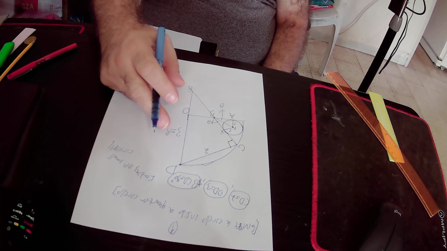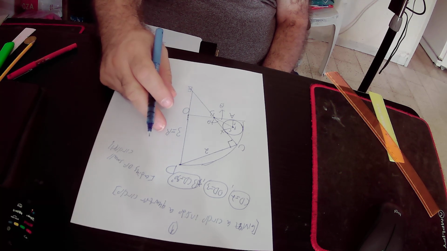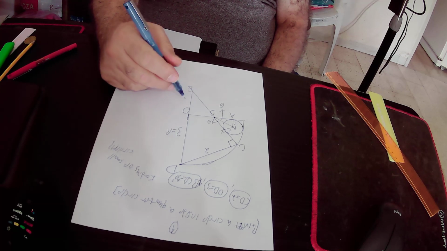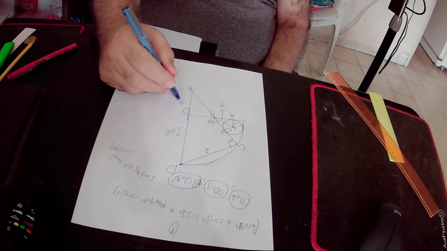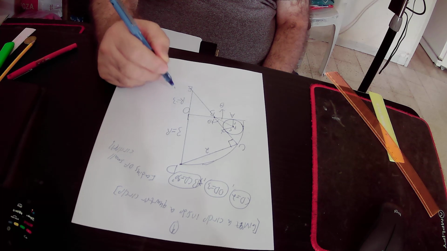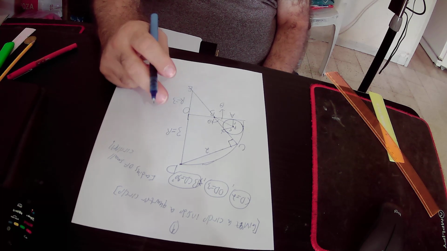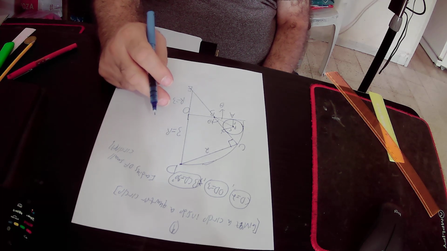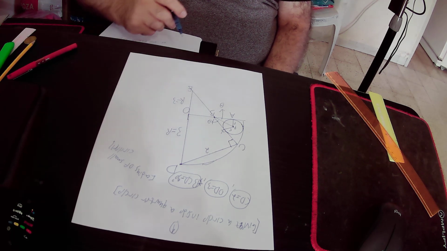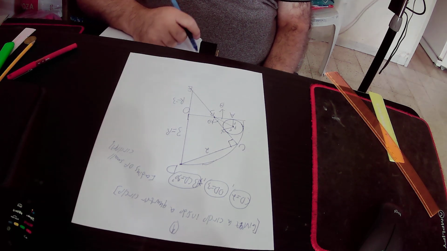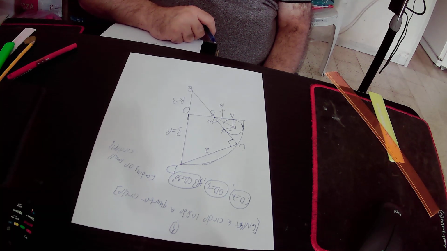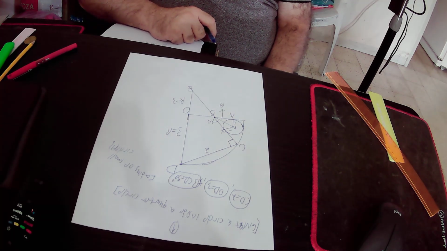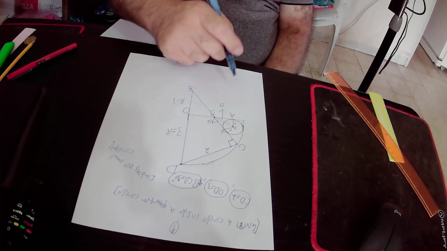So if DE equals 2R and DO equals R, then OE must be equal to R, and R equals 3 units. So OE equals DO equals R equals 3 units. And we will create from the quarter circle a semicircle.